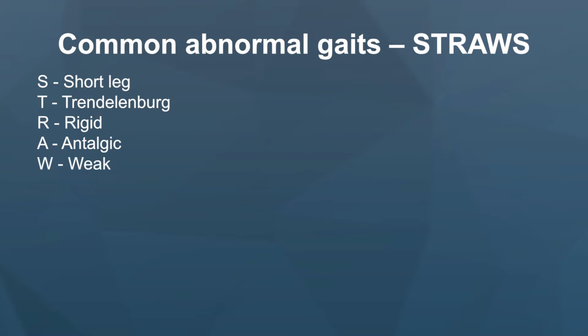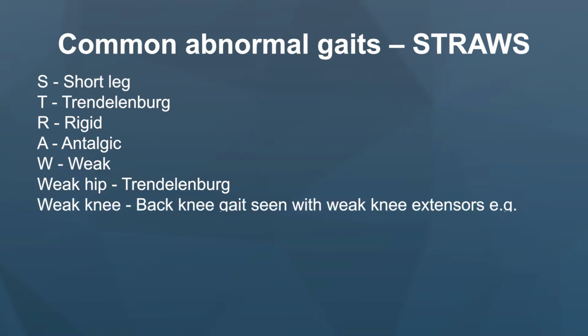W for weak. Location or joint involvement dictates the weak gait patterns. For example, a weak hip gait, such as in a Trendelenburg, will result in the swaying and bobbing. Polio patients often present with back-locking of the knee due to weakness of quadriceps.